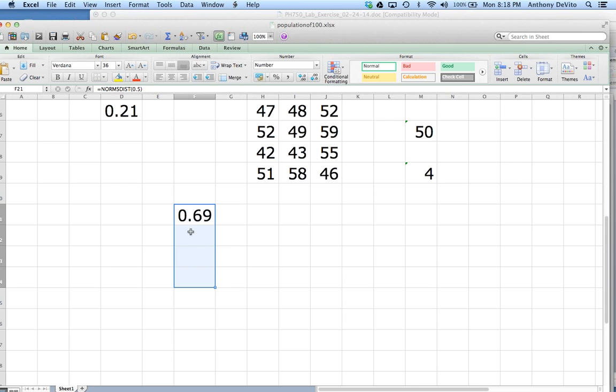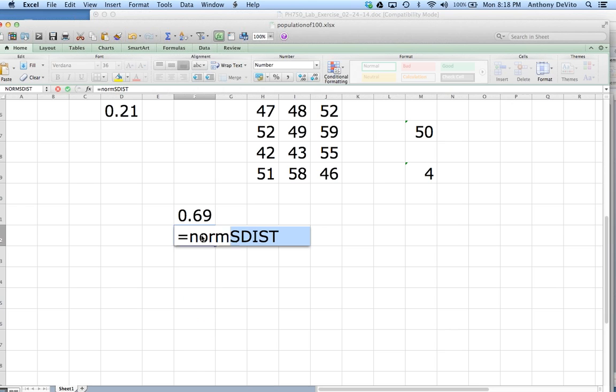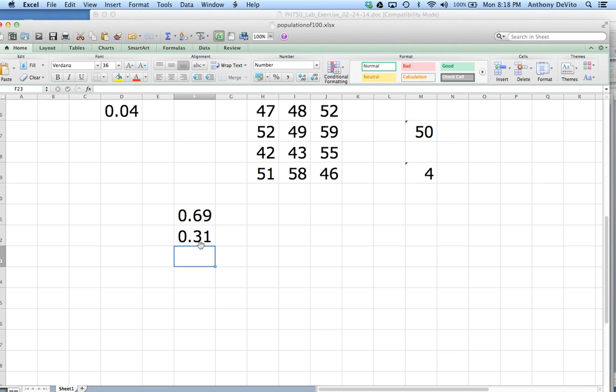Let's do it to 2 decimal places. That's the area to the left of a z-score of plus 0.5. Let's find it for a negative z-score. NORM.S.DIST, z-score this time is negative 0.5, and that area is 31%. And the difference is 69% minus 31%, or 38%, which is about what we got before.